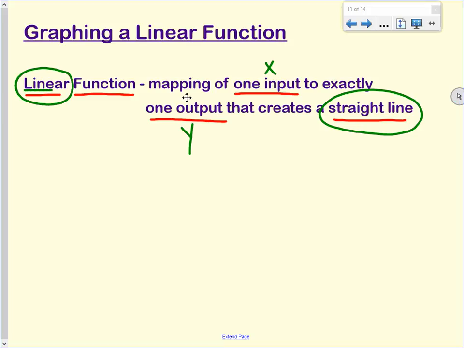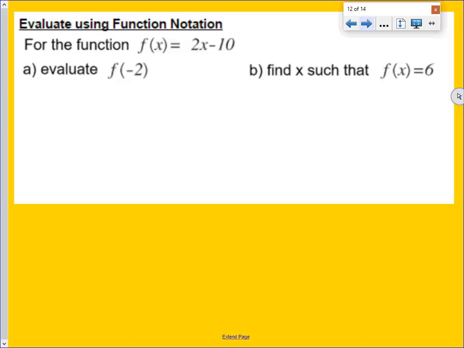Evaluating using function notation. So function notation is that f of x equals. For the function f of x equals 2x minus 10, we want to evaluate it for f of negative 2. So if we look at that, f of negative 2 is replacing the x.